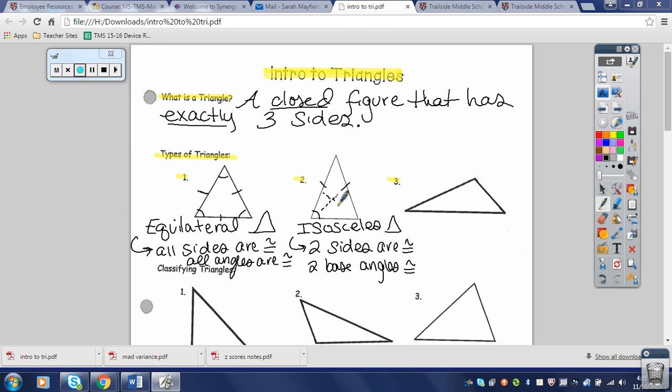It's this one and that one. Okay. The last one has no tick marks because this is what's called a scalene triangle. That means no sides or angles are congruent. Okay. 3 different types: equilateral, isosceles, scalene.